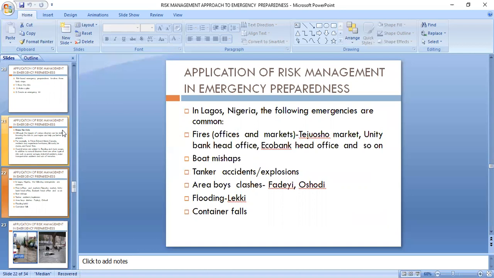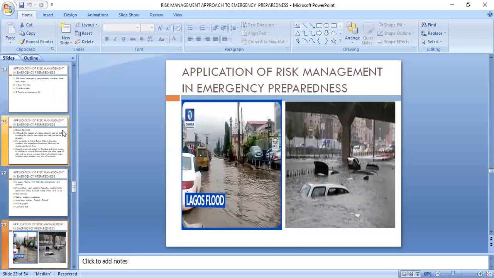So why I put all these emergencies here is because anybody that wants to develop emergency preparedness plan for Lagos, you must be aware of all these emergencies that have happened before in the history of Lagos. So you start now planning for how you can address those emergencies.